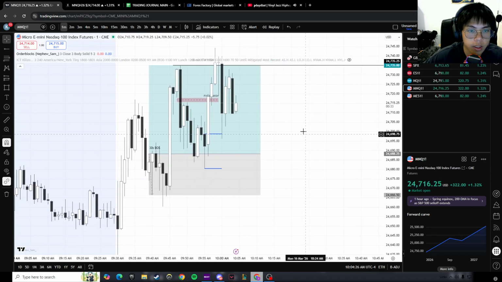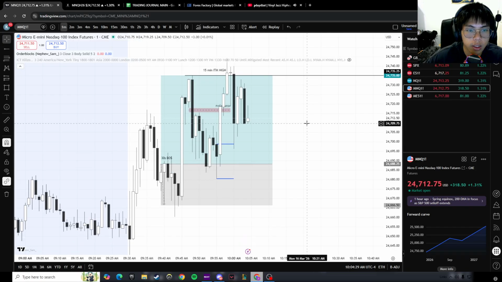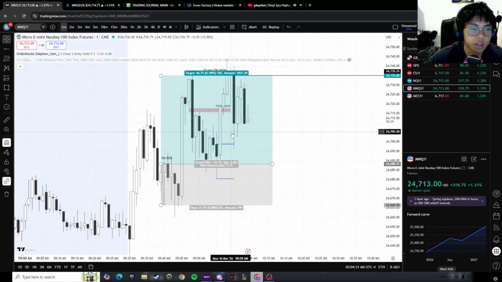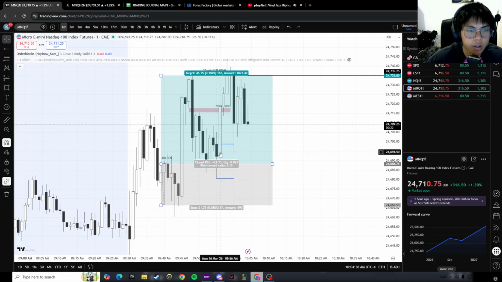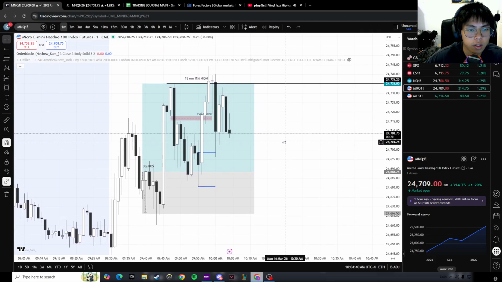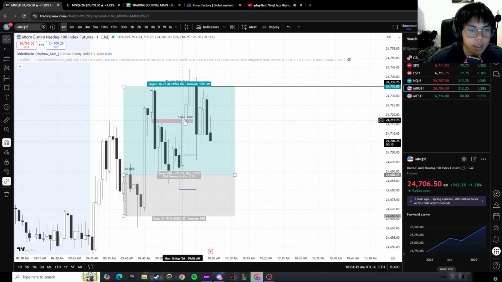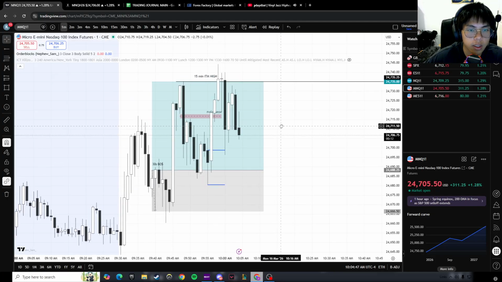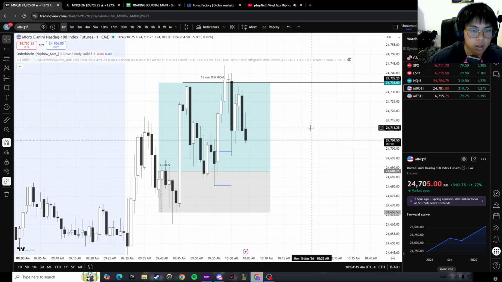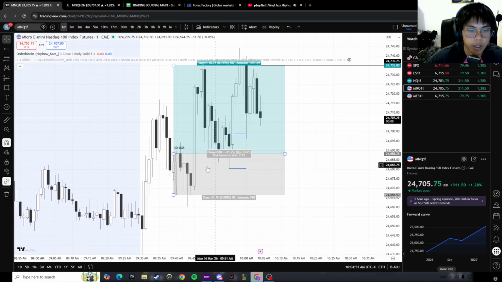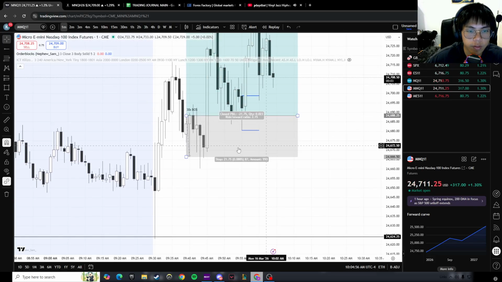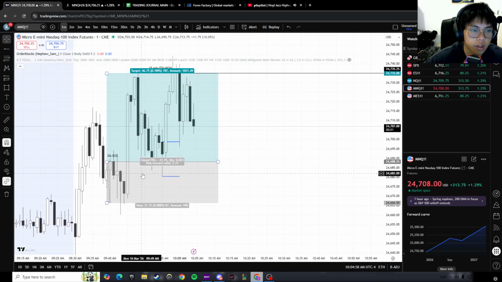This is the first trade, and then the second trade you just saw, there was a 1 minute inversion. The fill was kind of really weird. I re-entered off of a 30-second inversion right here, that was the second trade.